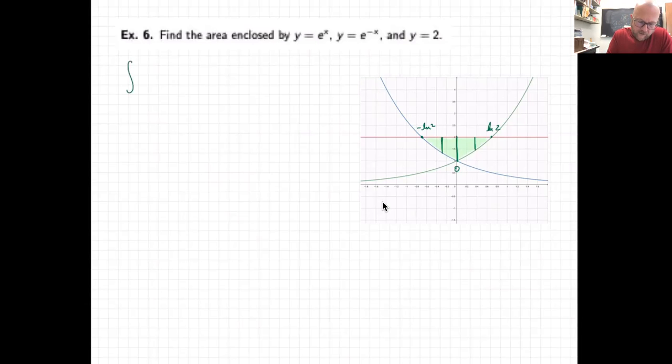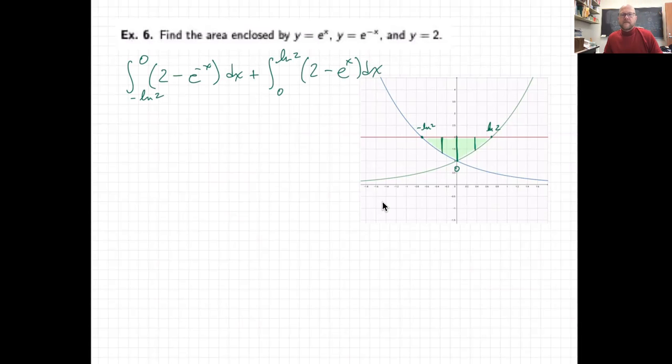So you will integrate from negative log 2 up to 0, and your top is going to be the 2, and your bottom is this e to the minus x dx. And then you're going to integrate 0 to ln2. It's going to be 2 minus e to the positive x dx. Okay. Now it's going to turn out that you get the same number out of both of these.